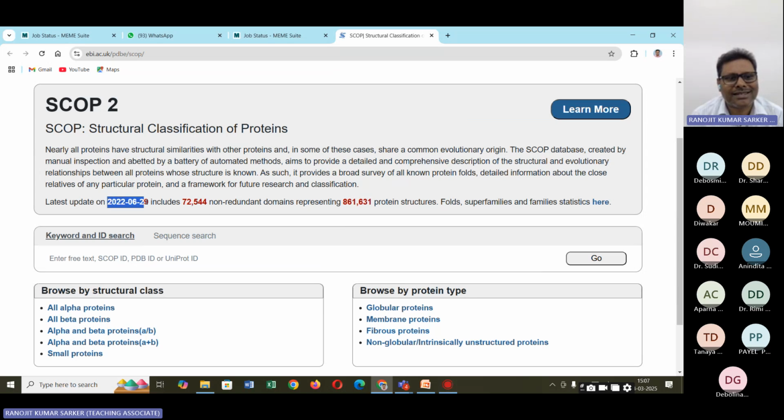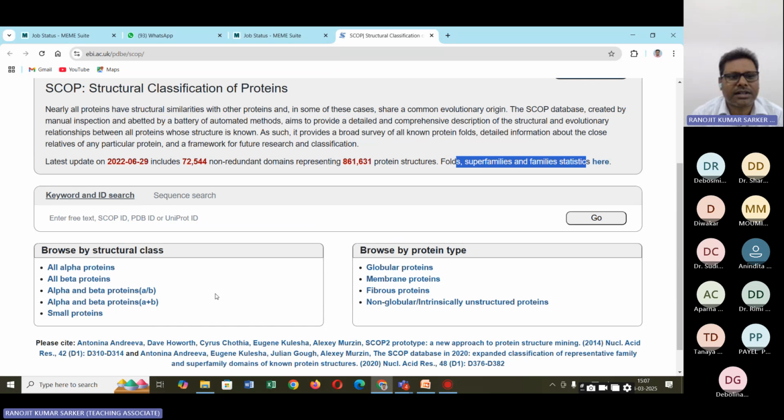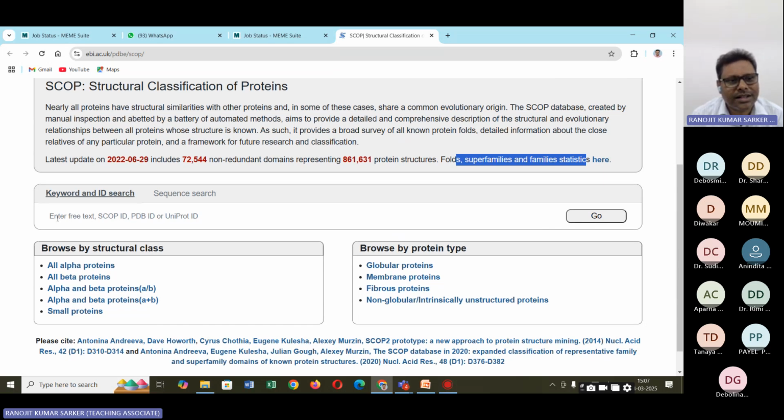Now you can see the statistics. This is the latest update: how many proteins are there and how many structural folds are there. So you can go through the statistics. Now you see that we can search by text or SCOP ID, PDB ID or UniProt ID, whichever we have.